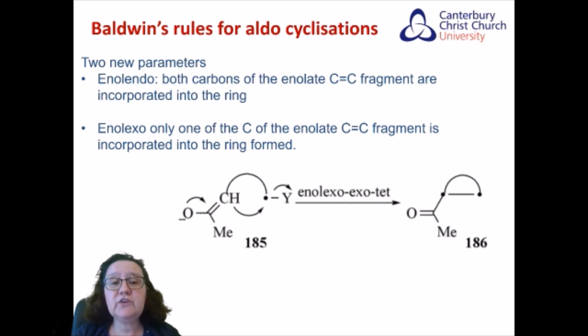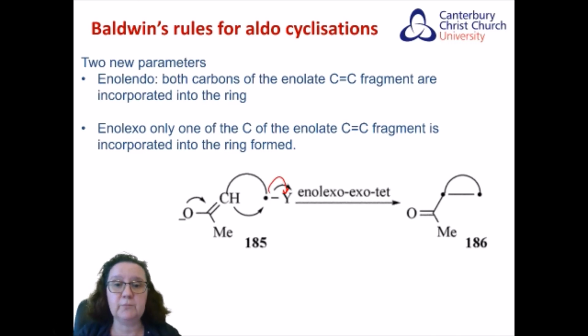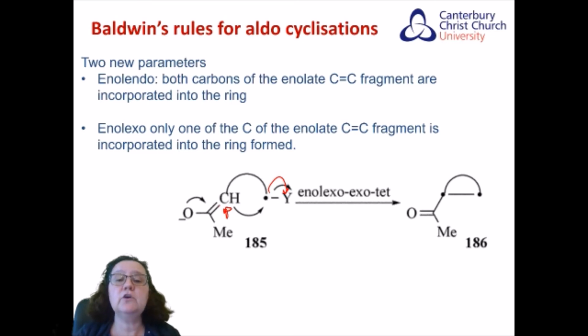If you look at this example, again, it's a tet attack because the attack is over an sp3 atom. Exo, again, because the electron flow is outside the cycle that is being formed. But in this case, it's an enol-exo ring formation reaction because only one of the carbons of the enol group is incorporated into the final ring form.